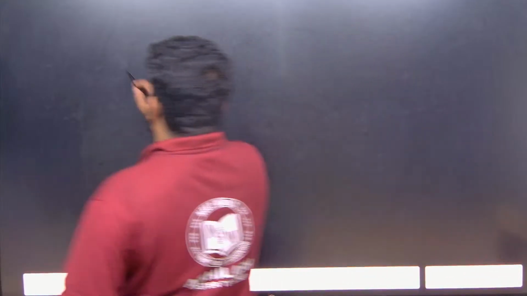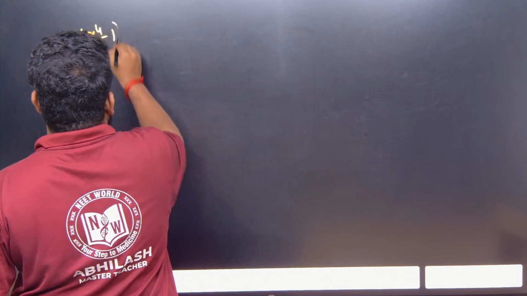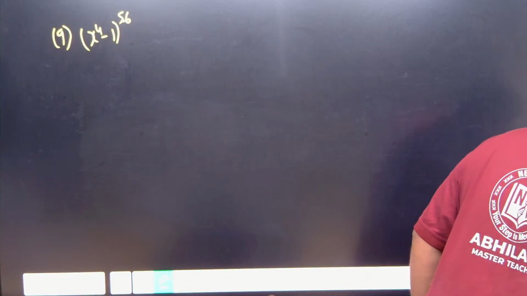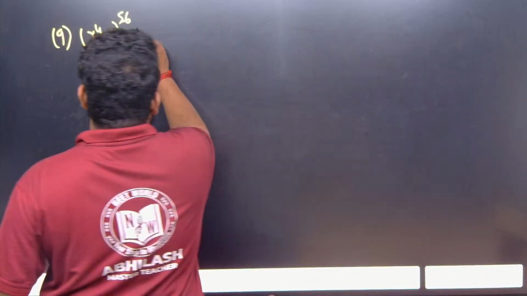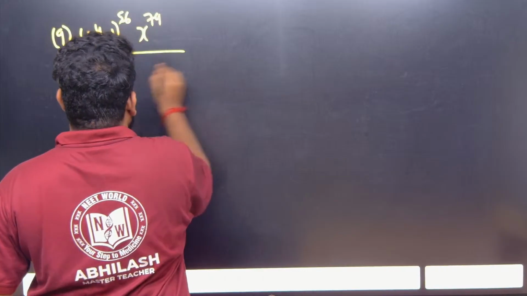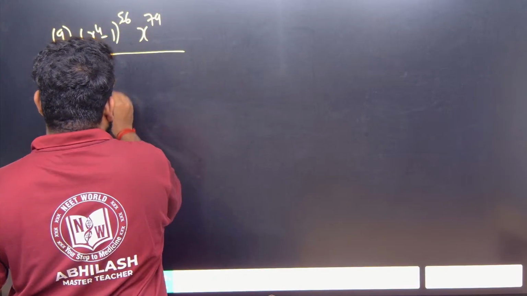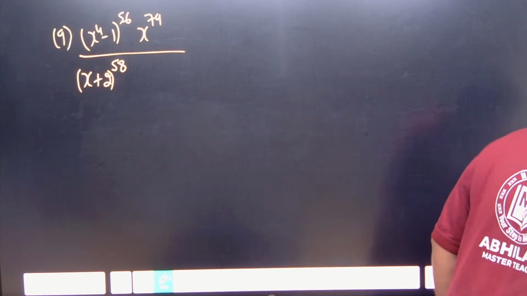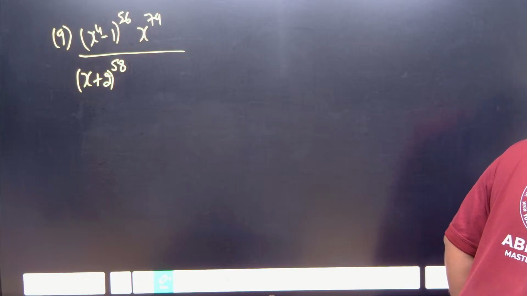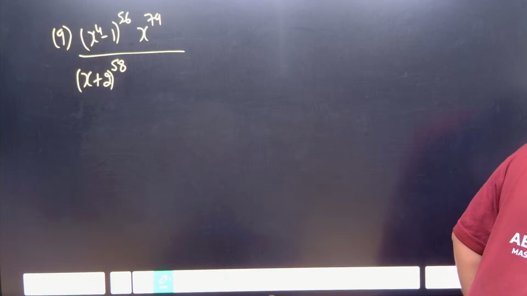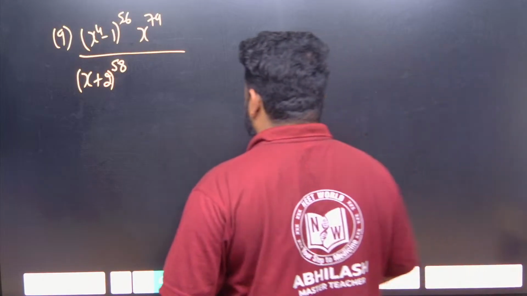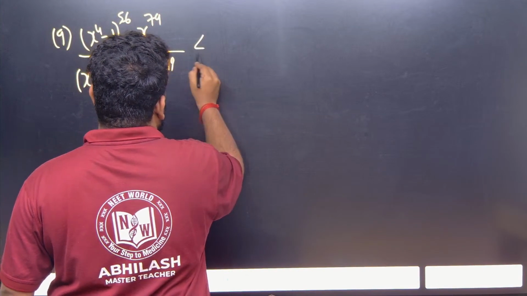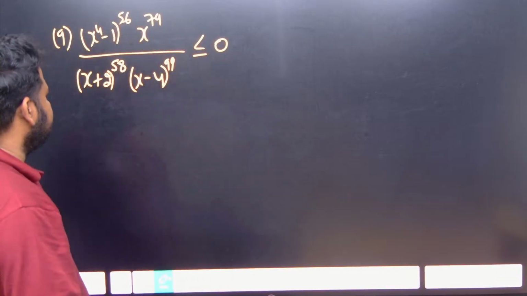We can write this as (x to the power of 4 minus 1) to the power of 56, into x to the power of 79, divided by (x plus 2) to the power of 58, (x minus 4) to the power of 99, less than or equal to 0. What will you do?